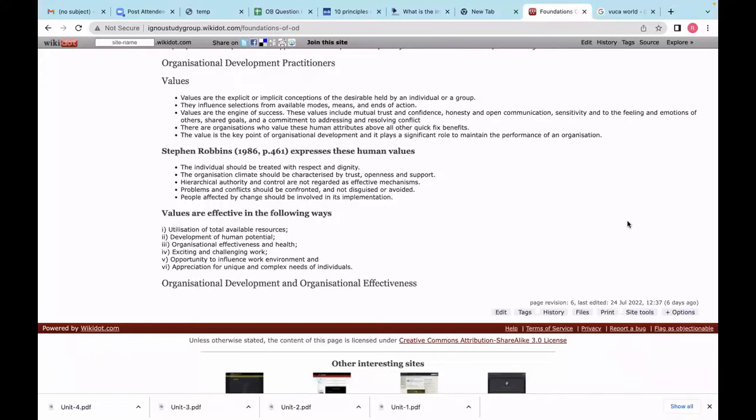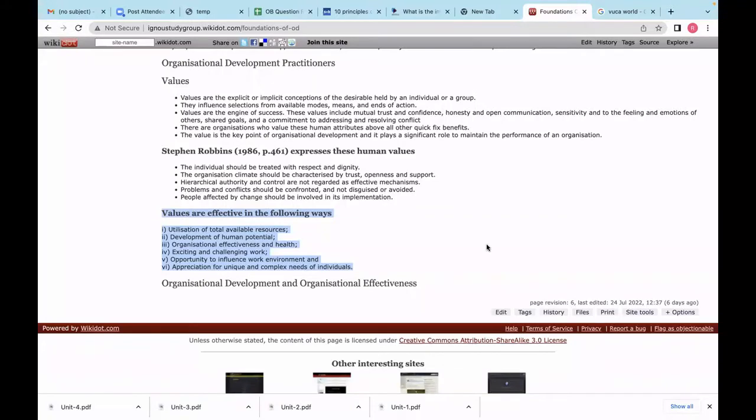And the values are effective in various ways, right? Make sure that people are all involved in it. Overall development of people happens, right? It makes the organization very effective. It creates an exciting and challenging work environment. It provides opportunity to the people, right?